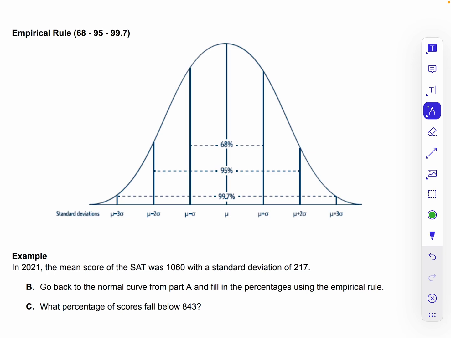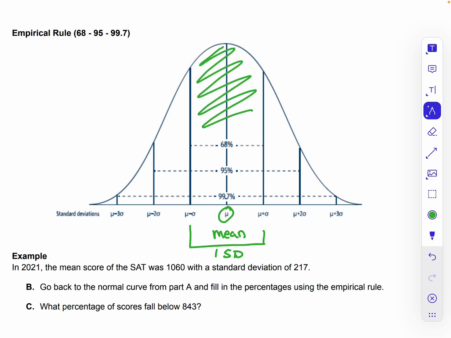What we mean by that is here we have our mean right here in the middle of our data. And if we look one standard deviation away on either side, 68% of the data is going to fall in that window. So over half of the data is going to fall within one standard deviation of the mean.